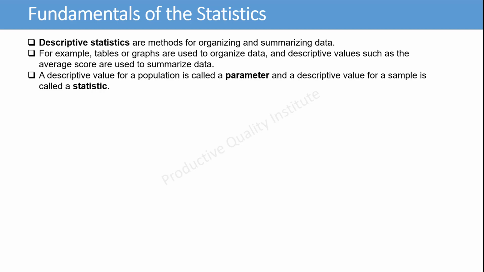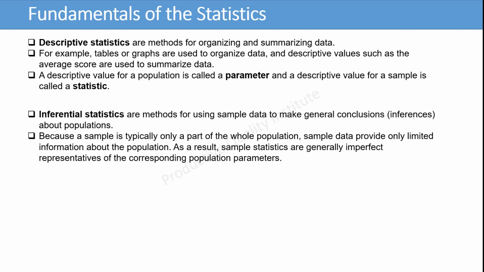A descriptive value for a population is called a parameter, while a descriptive value for a sample is called a statistic. Inferential statistics are methods for using sample data to make general conclusions, inferences, about populations.